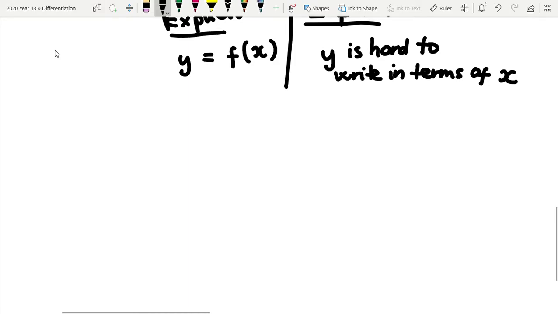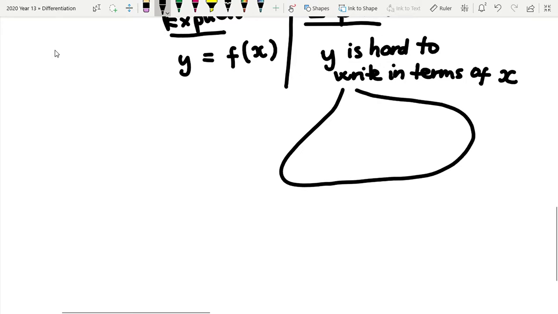To understand why it's hard to write in terms of x, I'm going to give you an example right here. For example, something wacky like this: x to the power 3 plus 3y squared equals 4.